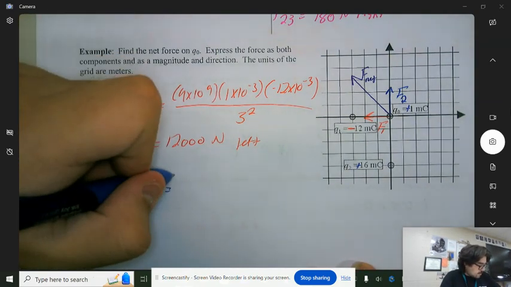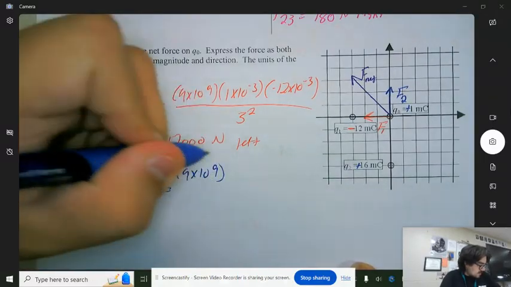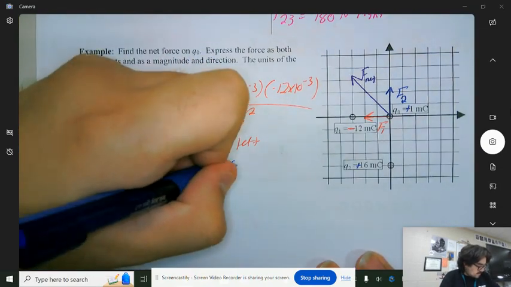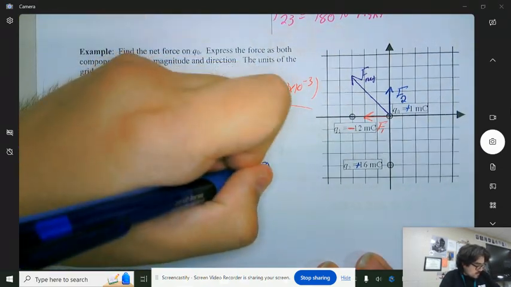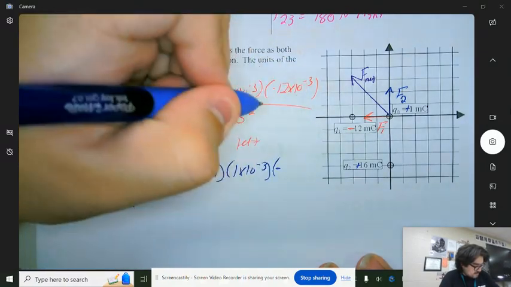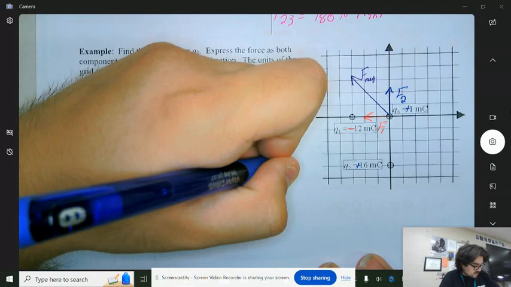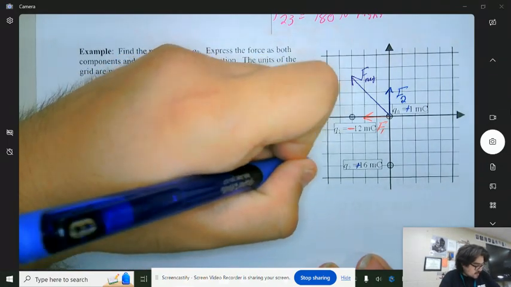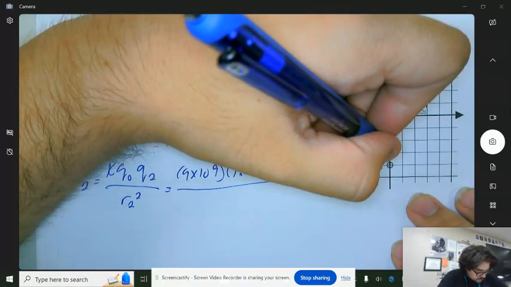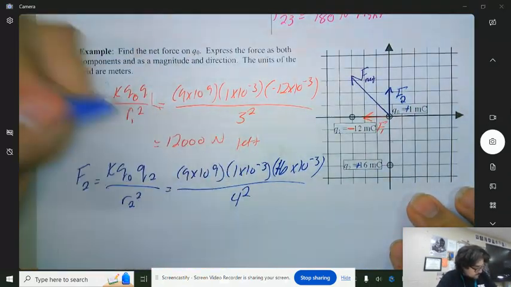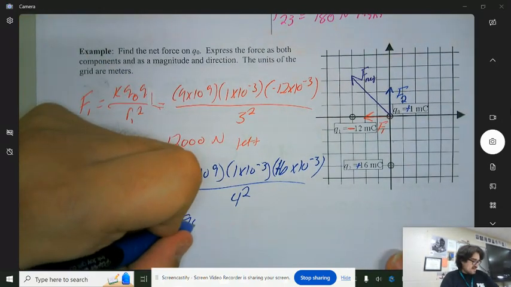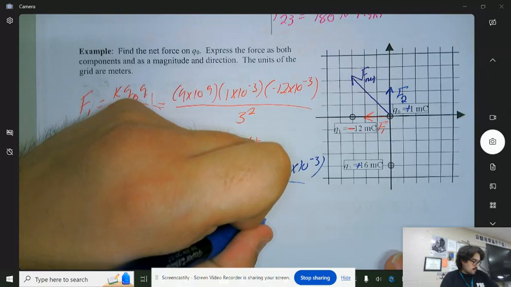You can get it right from the problem. 9 times 10 to the 9th, 1 times 10 to the negative 3rd, and then finally we have just positive 16 times 10 to the negative 3rd, okay? And the distance between the two is 1, 2, 3, 4, okay? And you punch that into your calculator, you end up getting about 9,000 newtons going up, okay?